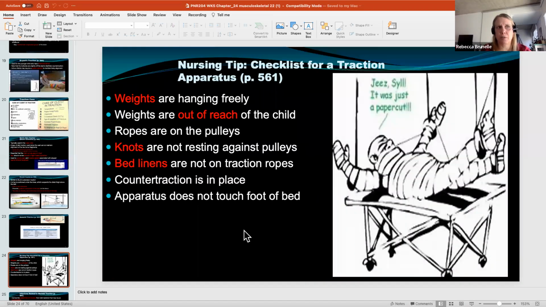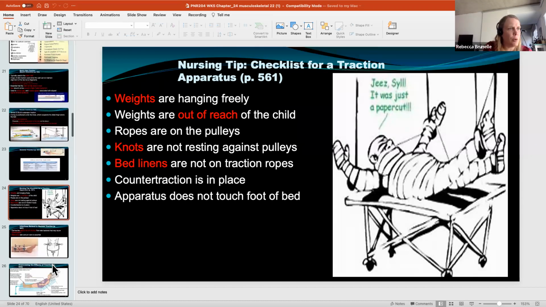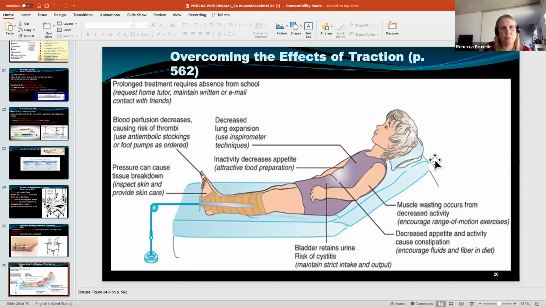You guys have talked about a lot of this. The weights are hanging freely, and the bed linens are not traction ropes. You're going to be monitoring them closely. There are multiple things you would worry about in terms of the effects of traction.